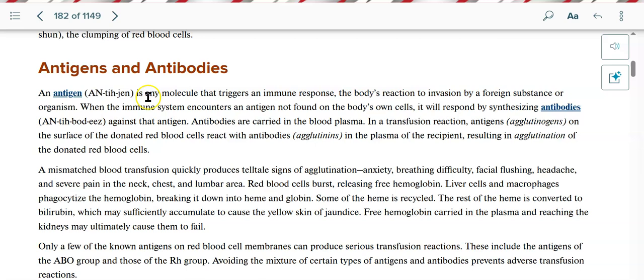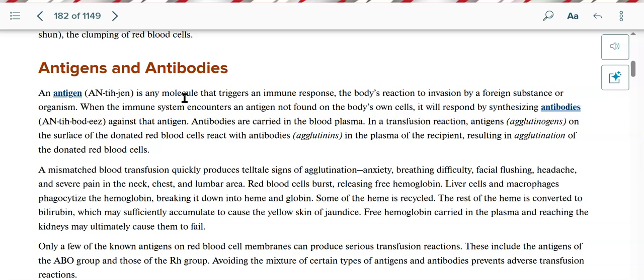So antigens are any molecules that will trigger an immune response. Cells have these molecules, with a lot of different possibilities. Sometimes they're sugars, sometimes they're proteins, sometimes they're a combination, glycoproteins.